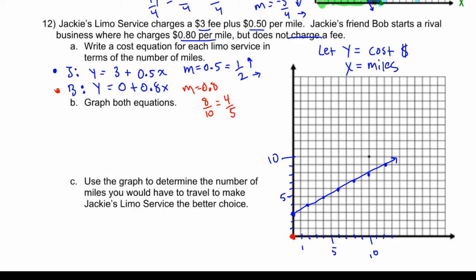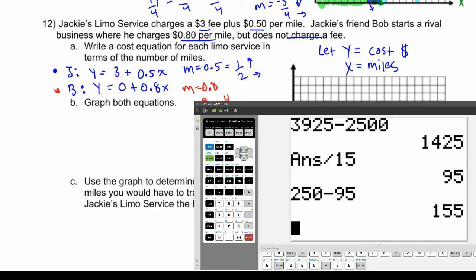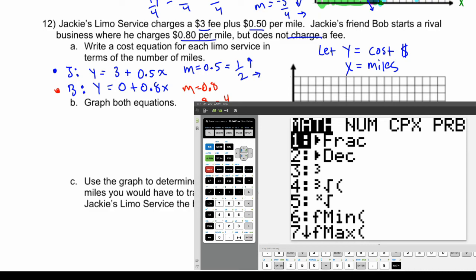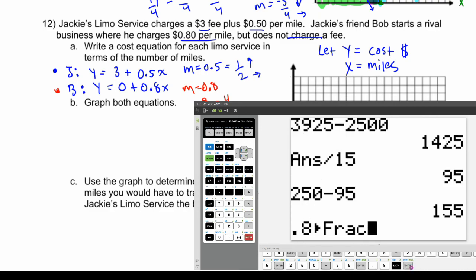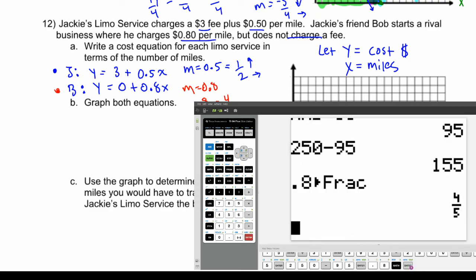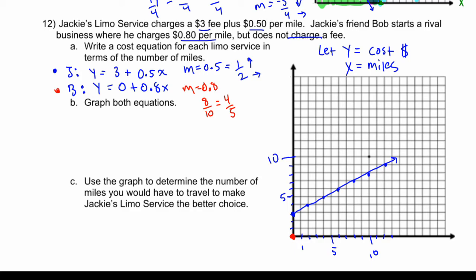If you ever are confused, you can always just use math, enter. 0.8, math, frac, enter, 4/5. So up 4, right 5. Up 1, 2, 3, 4, right 1, 2, 3, 4, 5.